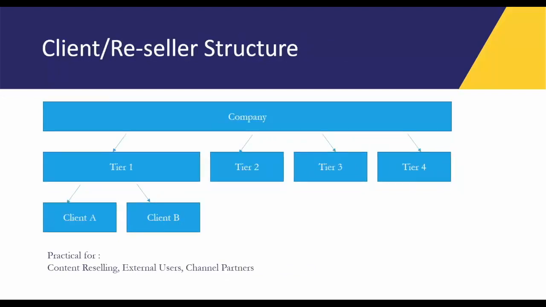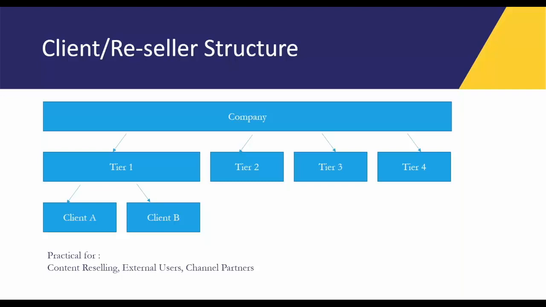So another structure we can have here is the client reseller structure. Quite often we'll have clients who are selling content or training external users, channel partners, that kind of thing. In that case, we can break out departments into companies.